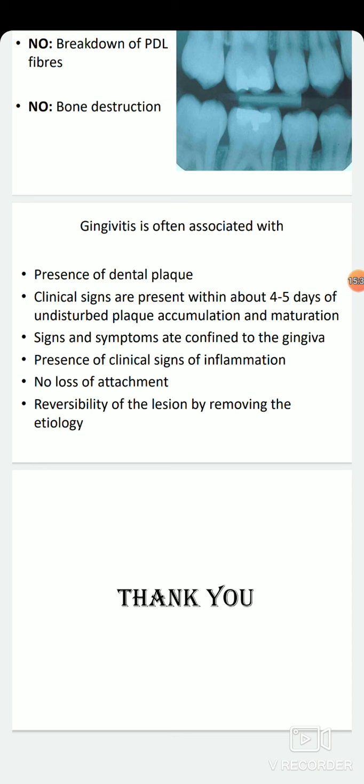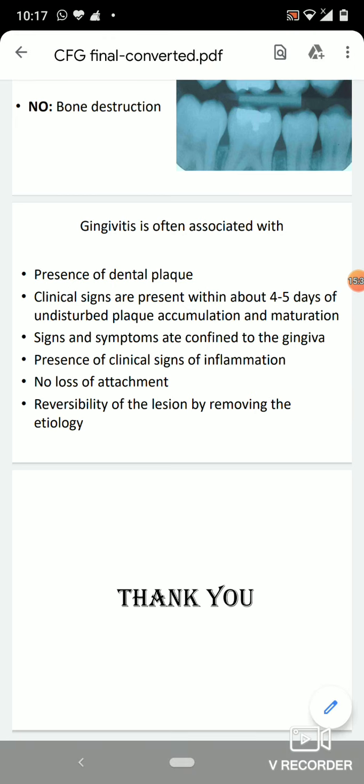Coming to the features, a lot of microbiota is involved, and it is a reversible disease. By treatment, the complete restoration of tissues can become normal.